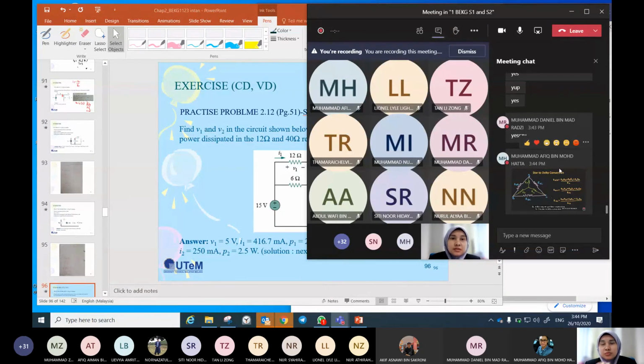I think the most challenging subtopic in electrical part is nodal analysis, because you have to understand where is the node, and then you will apply KCL, KVL, Ohm's law in nodal analysis. Mesh analysis is quite easier. Okay, so please be prepared this week.